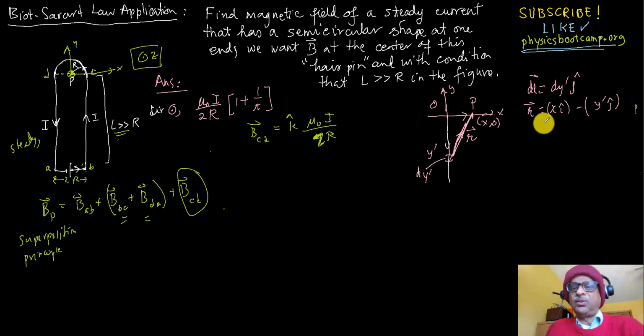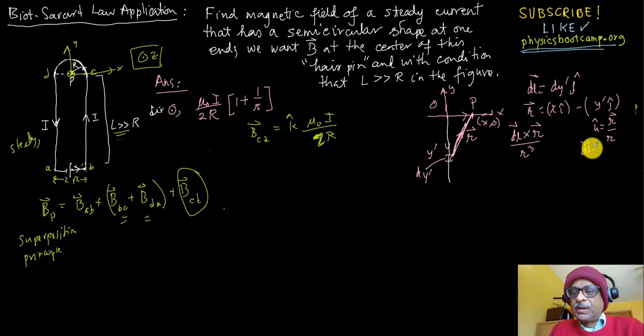So that's the vector r, and we want dl cross r over r cubed. u hat is simply r over r. So when you put in dl cross u hat over r squared, you get this.